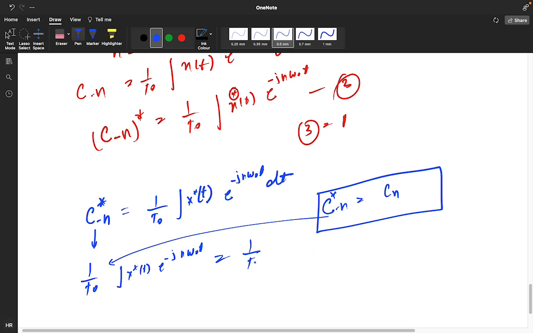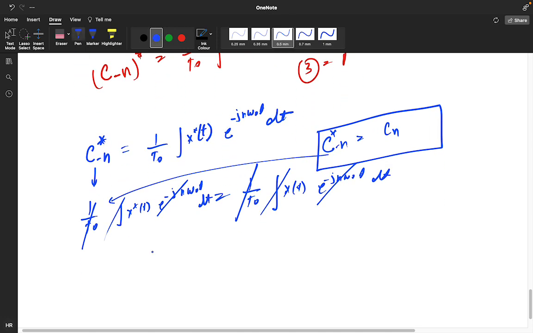Okay, so 1 upon time period integration x of t e power minus j n omega naught t into dt. So here also dt. So what things will get cancelled out? This part also, integration also. So what are you getting? X conjugate of t is equal to x of t.